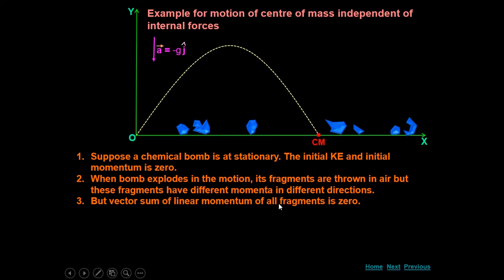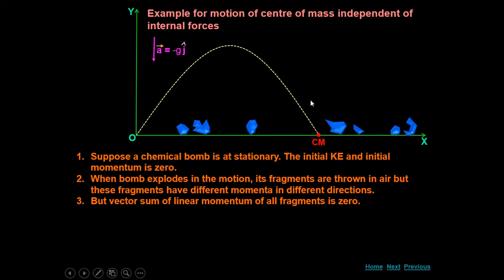In the same way, if you add the linear momentum of all these segments, then you get zero. So this is according to the conservation of linear momentum. Before the explosion, the chemical bomb was at rest. Its initial momentum was zero. When the chemical bomb explodes and all these segments are scattered in all directions, if you add the linear momentum of all these segments, it also comes to zero.